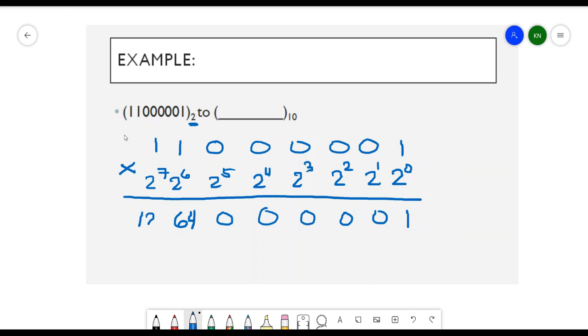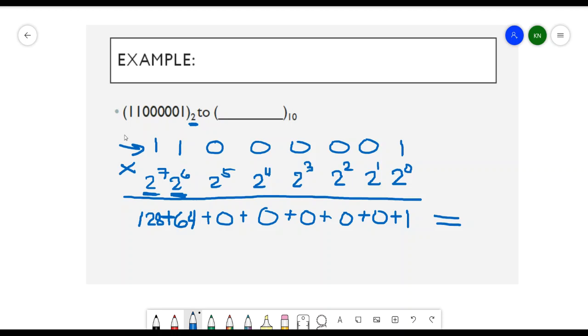So, why is it called sum of weights? Because, as you can see, the weight of each binary digit is multiplied by the base, and then we need to add all of these. That is what we call the sum of the weights. So we need to add all of its weights.